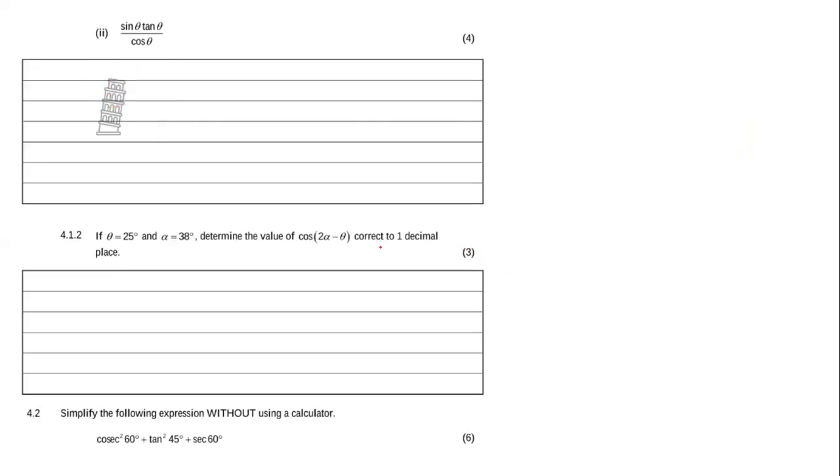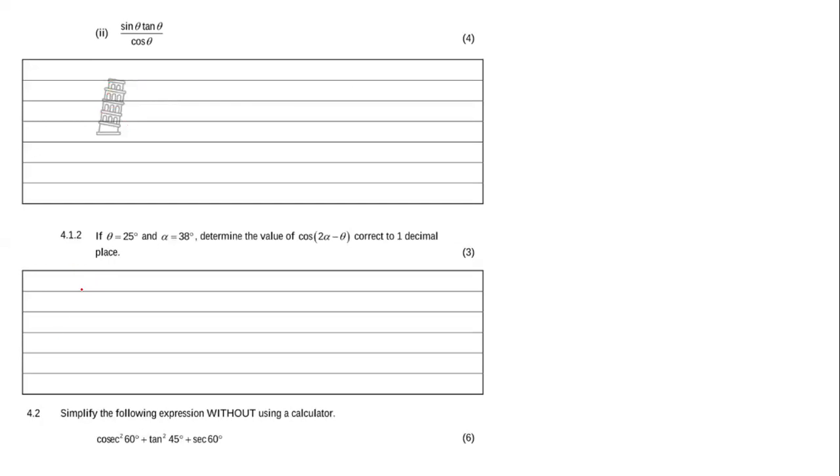Now we move to 4.1.2. It says to us, if theta is equal to 25 degrees, and alpha is equal to 38 degrees, determine the value of cos(2 alpha minus theta) correct to 1 decimal place. So we want to determine the numerical value of this expression.